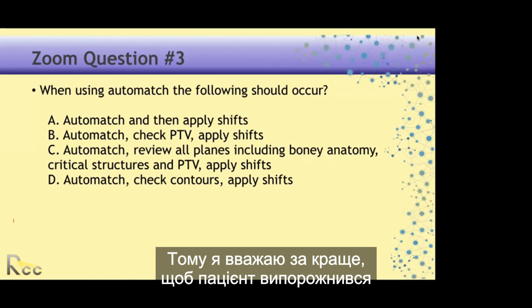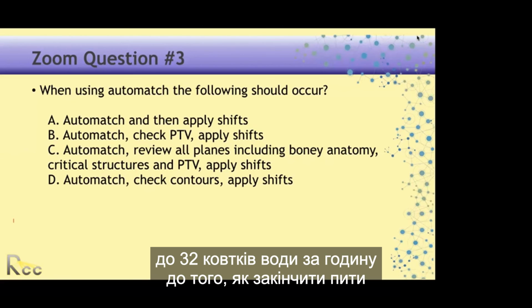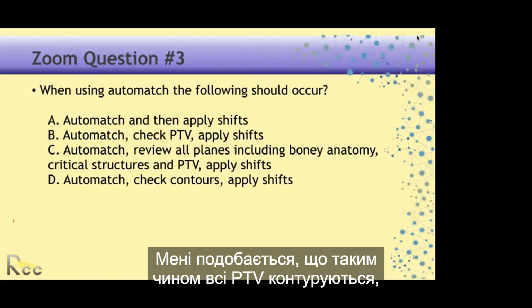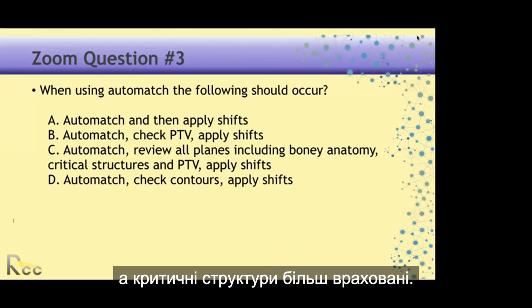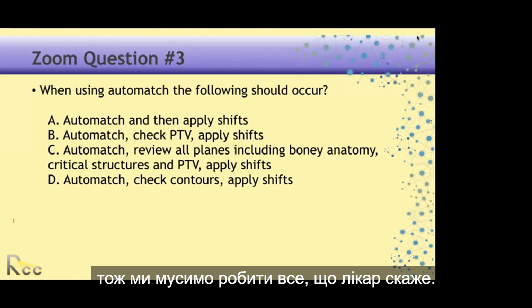So my preference for prep would be to have the patient have a bowel movement 2 hours before their scan, and then drink about 20 to 32 ounces of water 1 hour before, finishing drinking 45 minutes before the scan. That way all the PTVs are contoured and the critical structures are more taken into account.